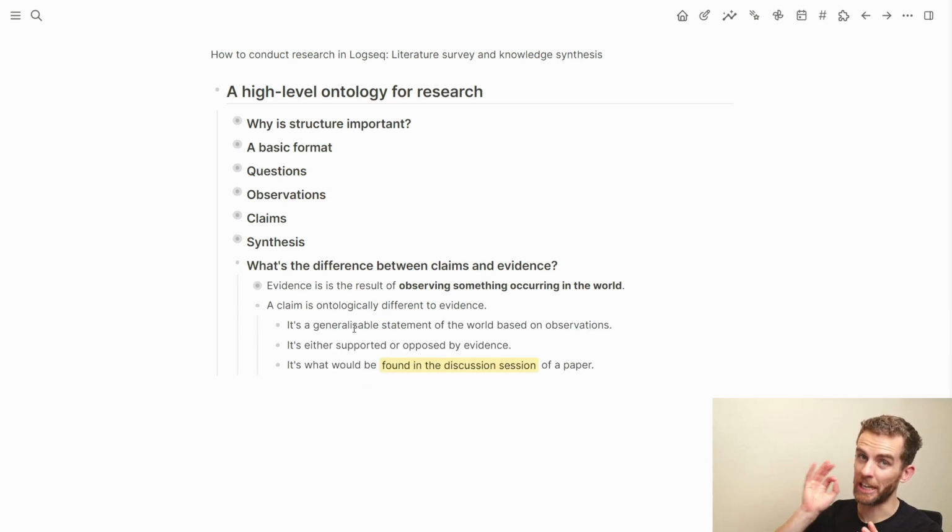It's a generalizable statement that can be made on the basis of these observations. It's either supported or opposed by evidence, and it's what typically would be found in the discussion part of the paper. Ideally, you don't want it to be biased by the author's narratives, but it might be the case. It's the author's synthesis of what they are seeing, but it's still a claim when you are bringing it into your world.